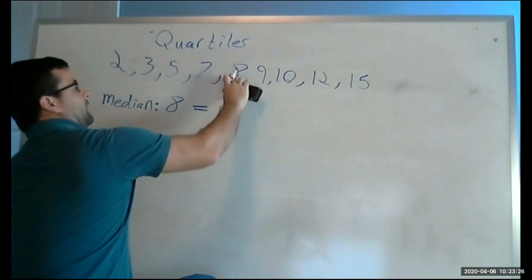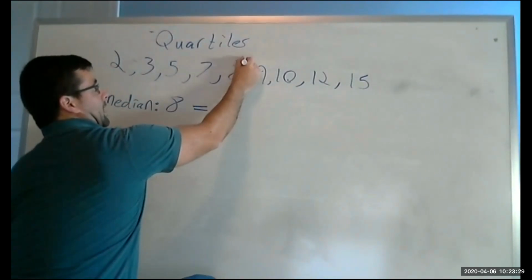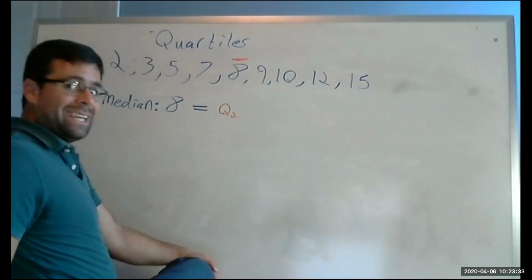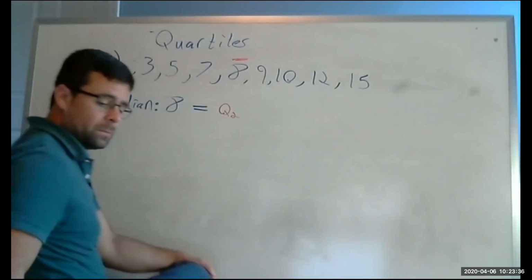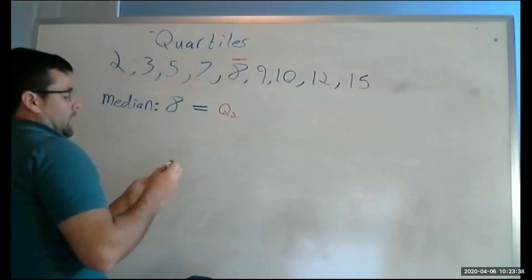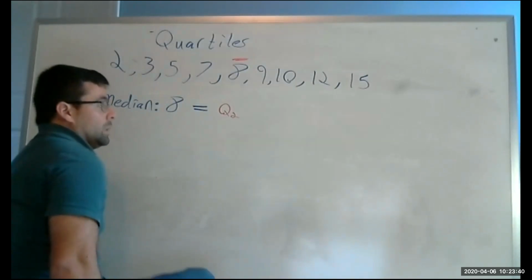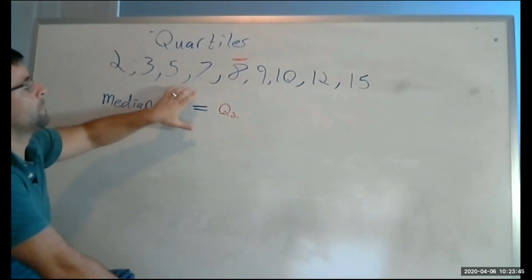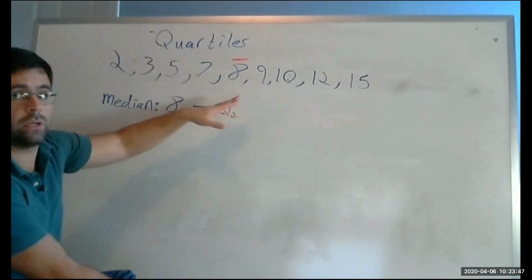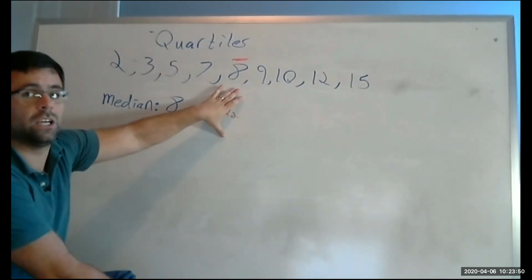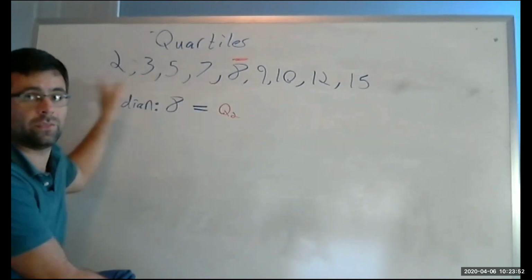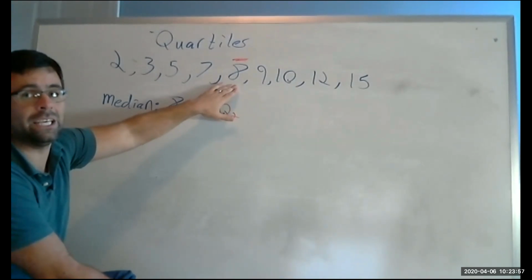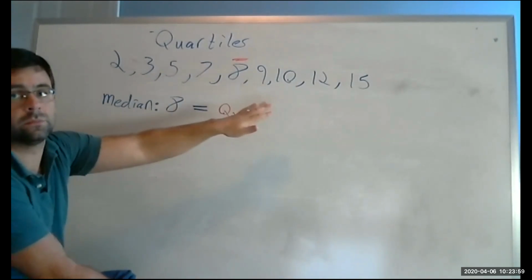Now to find Q1 and Q3, we have to divide the data set in half. But when we divide it in half, we have to look at how many numbers there are. There's an odd number of things. There's 9 of them. So what we have to do is we include the median in both sets.